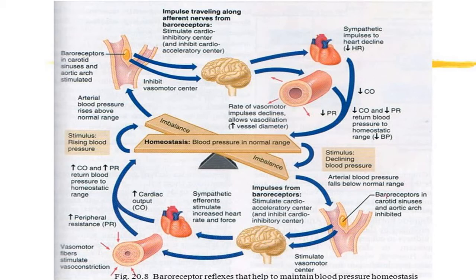Through the sympathetic nerve, a message is sent to the heart and to the blood vessels. Cardiac output would be increased, heart rate would increase, and the vessels would be constricted, there would be vasoconstriction, resulting in an increase in blood pressure that then brings the blood pressure into a normal range.